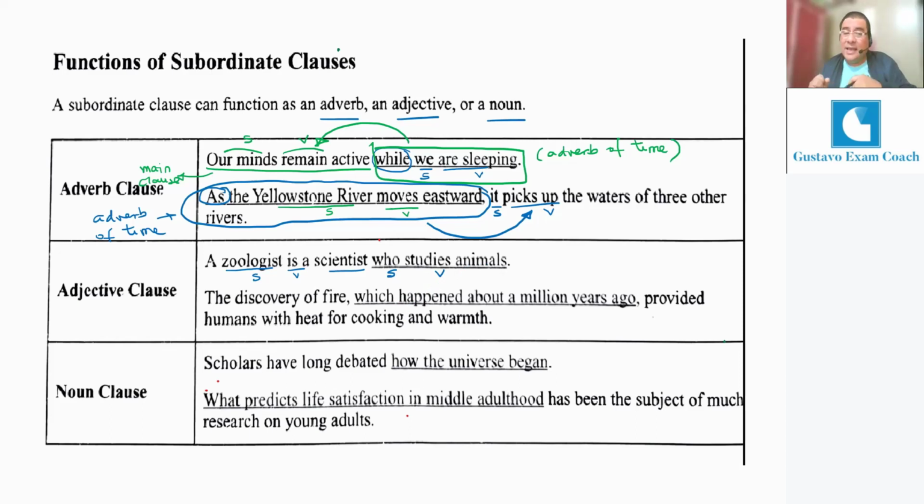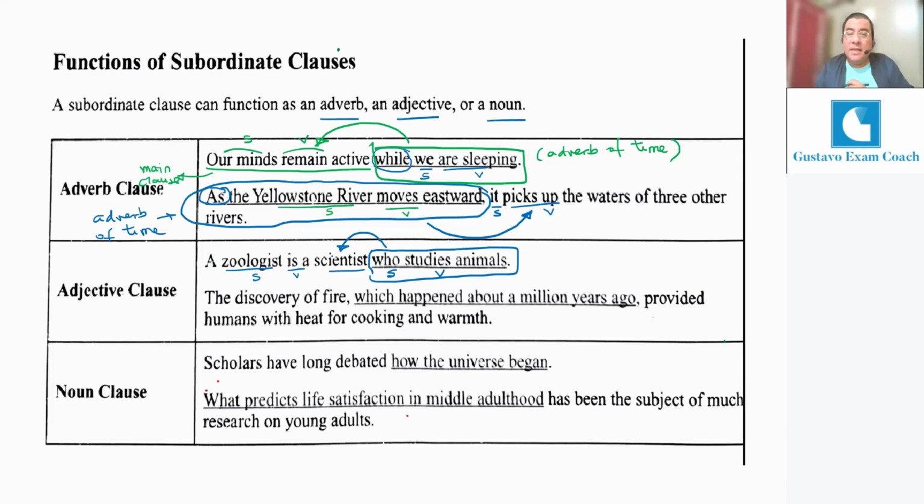So we say it's an adjective modifier for scientist. This whole thing here is working as an adjective for scientist, in the same way as good or clever could do. A zoologist is a scientist, is a clever scientist, is a scientist who studies animals. We see that this subordinate clause actually modifies a noun within the main clause or independent clause.